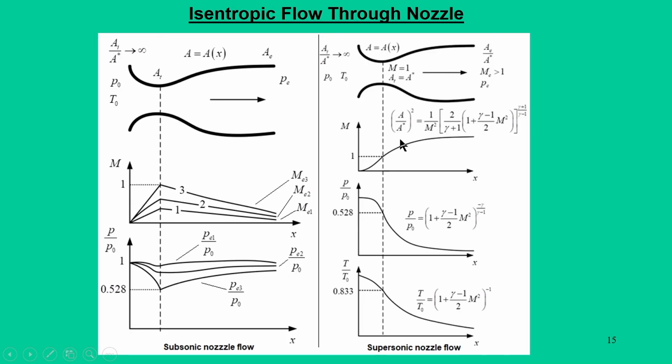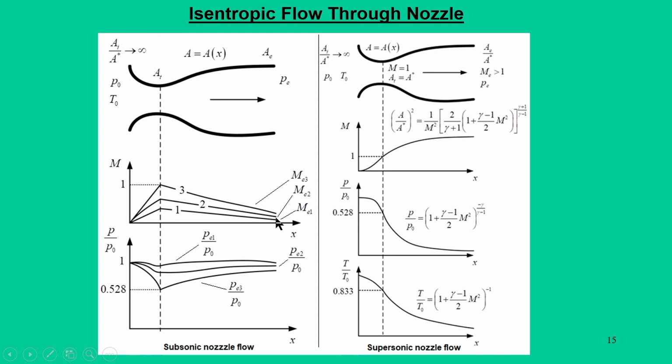Now, if I summarize the entire philosophy, we have discussed isentropic flow through a nozzle: one is the subsonic nozzle flow, the other is the supersonic nozzle flow. This complete picture is represented here. When the nozzle is initially started, we start with a very low value of pressure at the exit, Pe equal to Pe1, and there is a very marginal change in the Mach number.